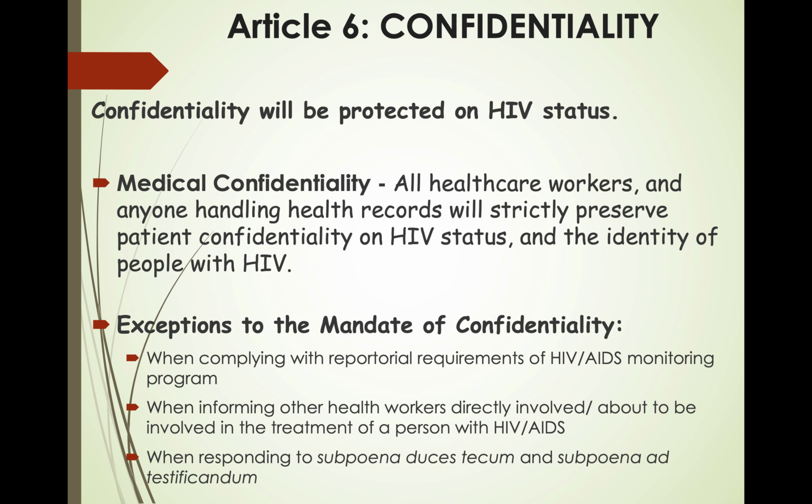We have there a code for the patient. Take for example Juan de la Cruz, whose code is JJDC123. What will be posted is not that JJDC123 has HIV. It's not like that. What will be posted is that JJDC123, practice universal precaution.